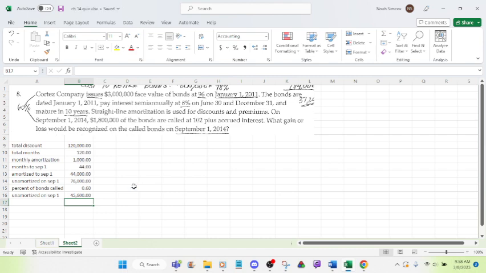And then, first of all, well, it's not like we really need. Okay, so it's weird. It's a discount. So like unamortized discount, do you subtract that from the face value to get the carry amount? Probably, yes.